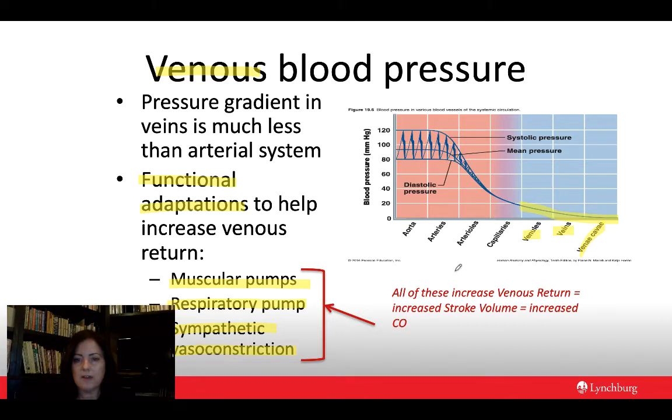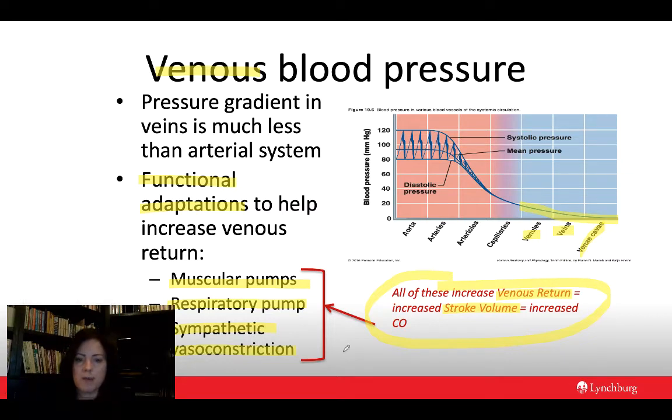All of these together increase venous return. They increase blood flow going back to the heart. If we have more blood flow going back to the heart, every time the heart beats we're going to have an increased stroke volume, meaning how much the heart pumps out every time it beats is increased.